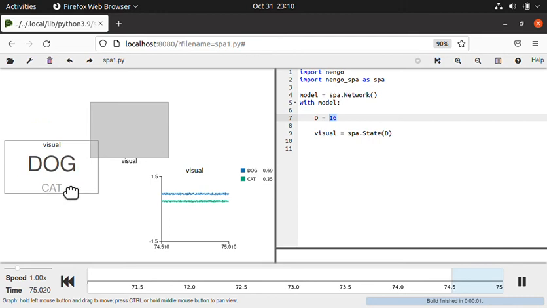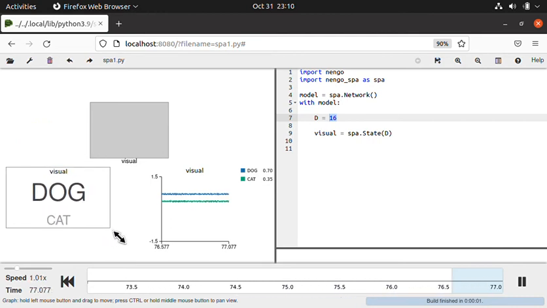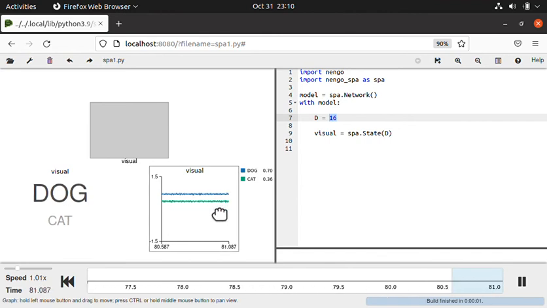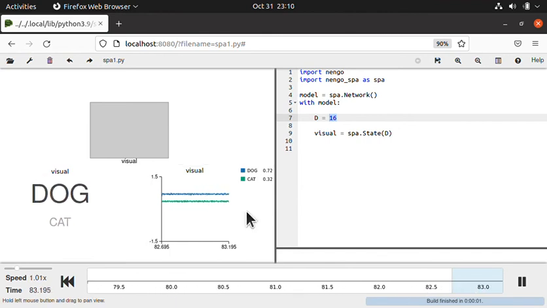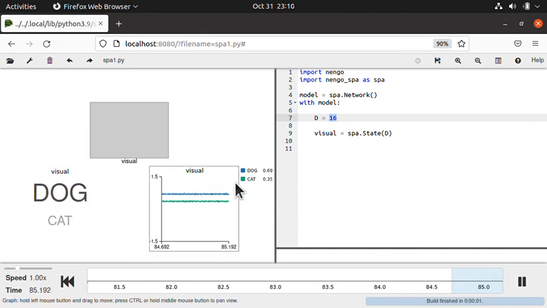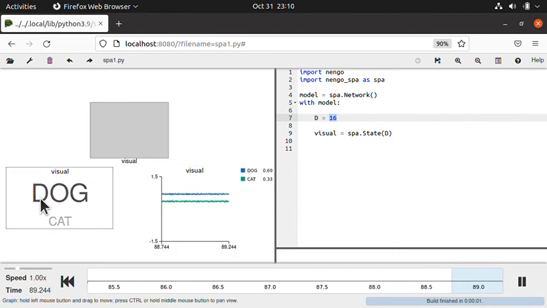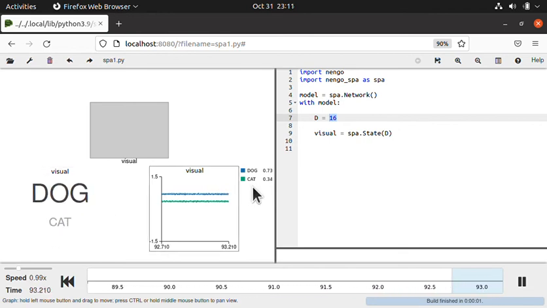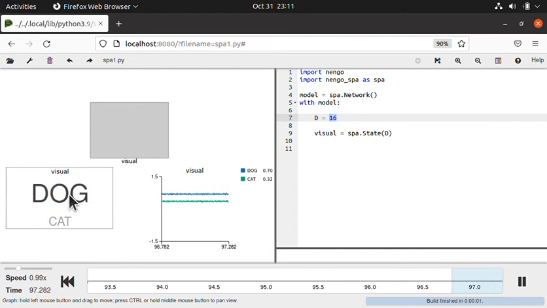Okay. This visual representation here, which we call the cloud representation, is actually plotting the same data that's in this graph. It's using the magnitude of this dot product to be the darkness of the text, so that's why cat is in a little bit lighter text, and it's using the relative ratios of these numbers to do the size of the text.